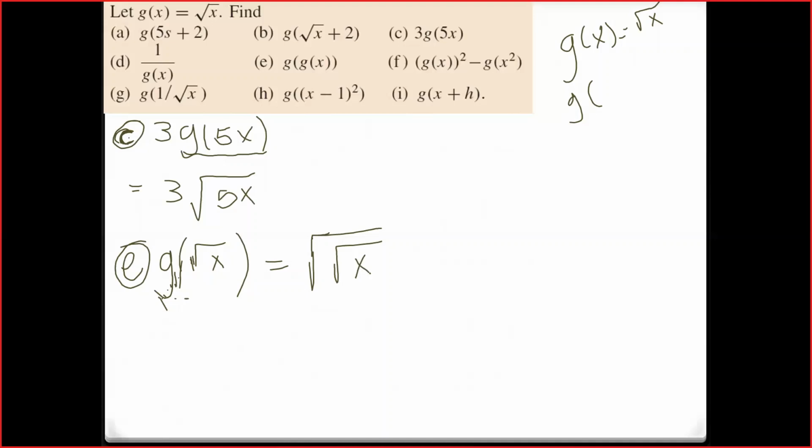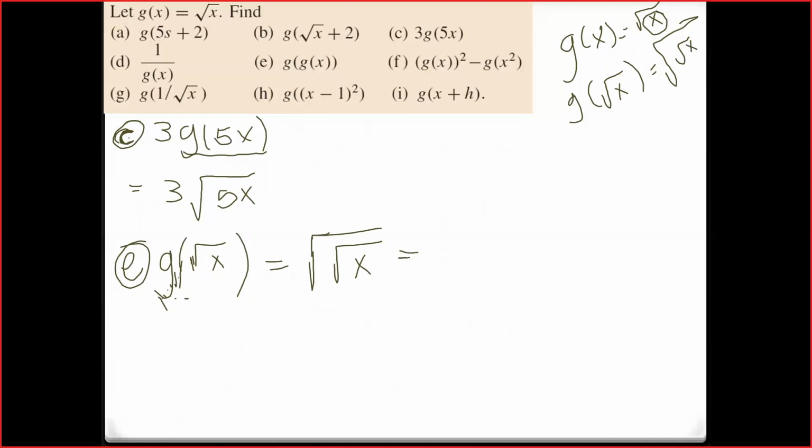See, g of x is square root of x. If you have g of square root of x, instead of x you have to write square root of x, and you have to keep the first square root. Do you understand that?